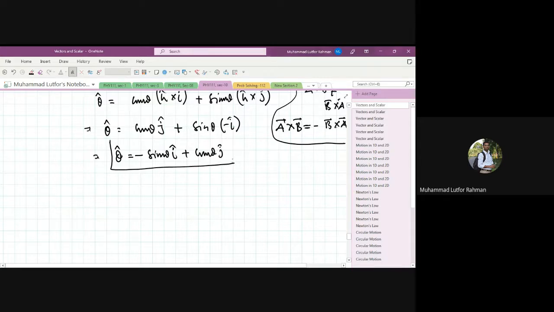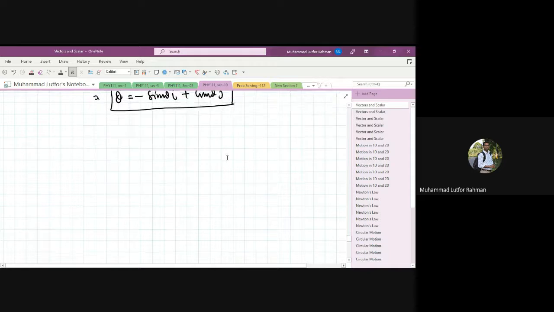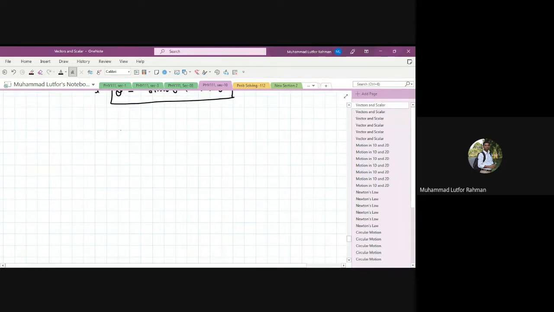Now, why did I introduce this? If you want to express a vector in the Cartesian coordinate system, you express it in the form ax I hat plus ay z hat. You know that the values of I and z are actually one. That's why we kept it that way.